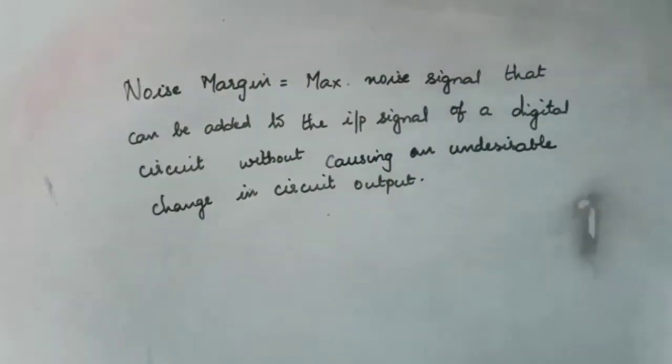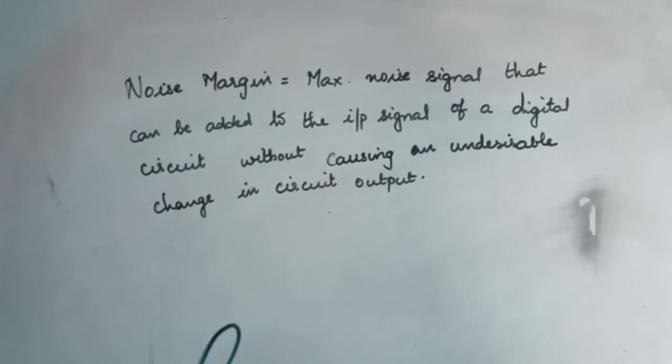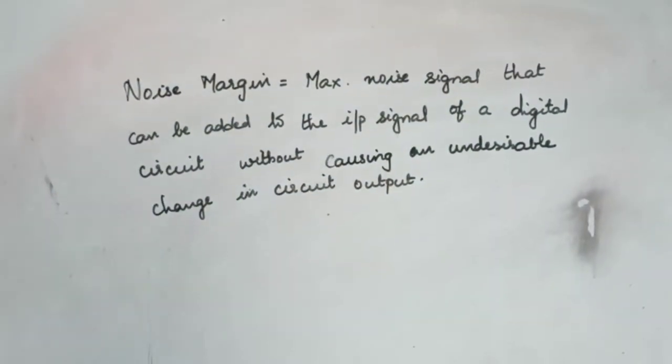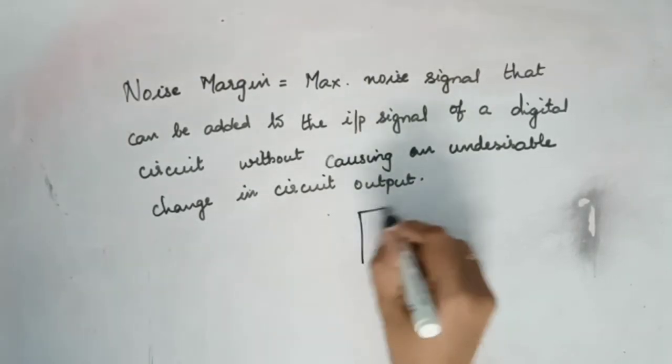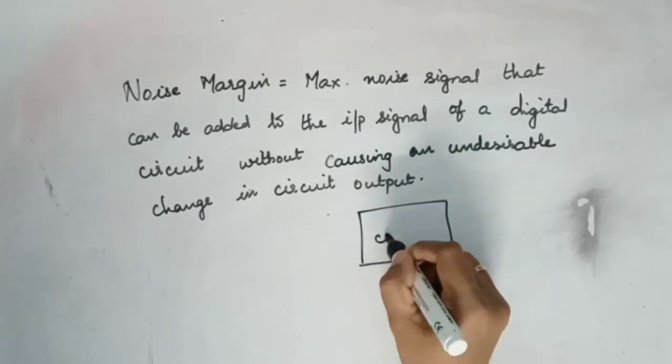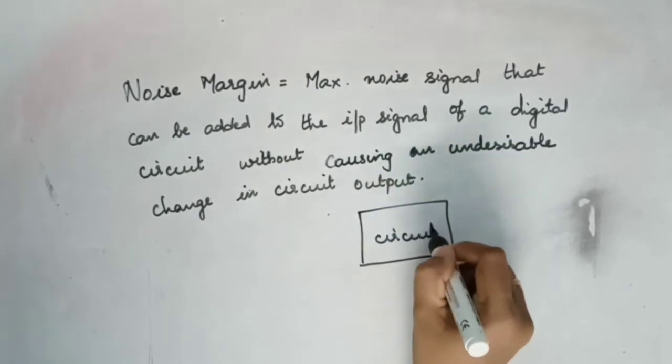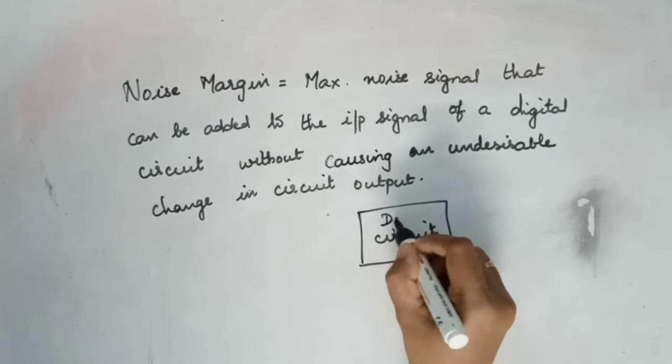Noise margin is the maximum noise signal that can be added to the input signal of a digital circuit without causing an undesirable change in circuit output. So what does that mean? Suppose this is a digital circuit.